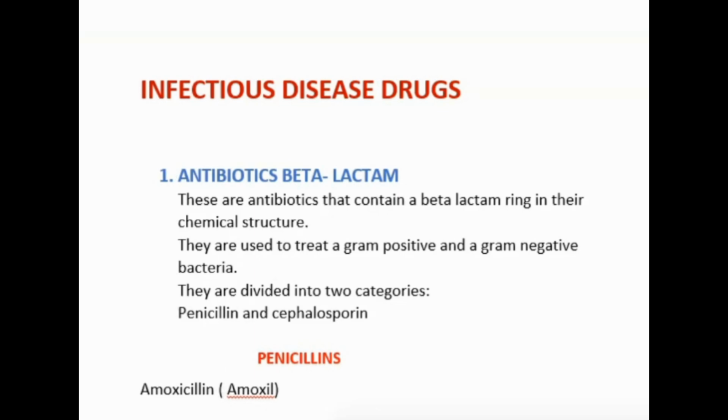As we all know, drugs have two names. The first one is the generic name, that is the chemical name. We also have Amoxil, and that is a brand name, the designation of the company who is selling the drug. So amoxicillin is an antibiotic beta-lactam, which falls under penicillin. So let us see the second one.